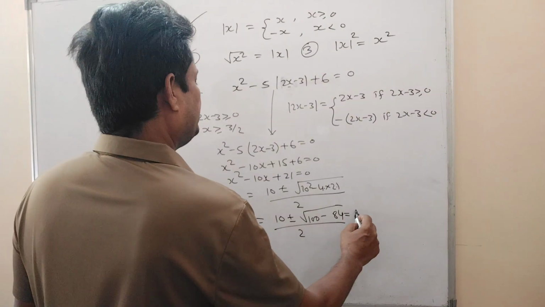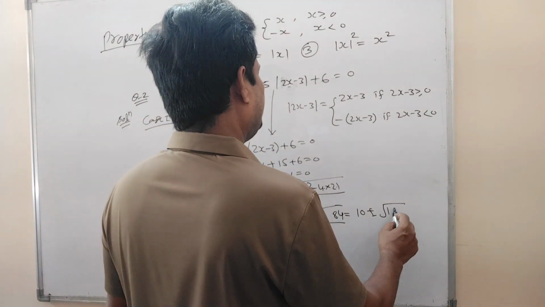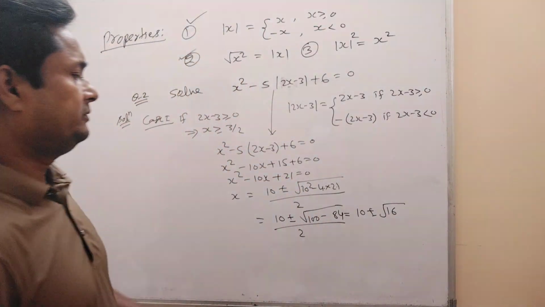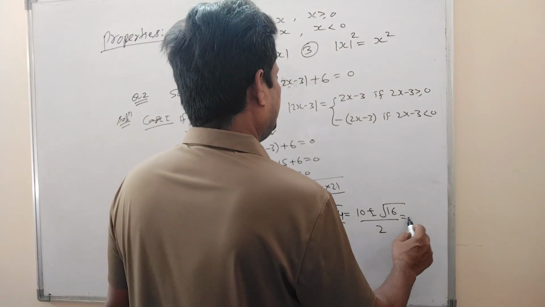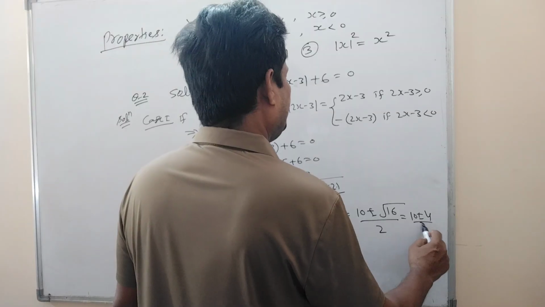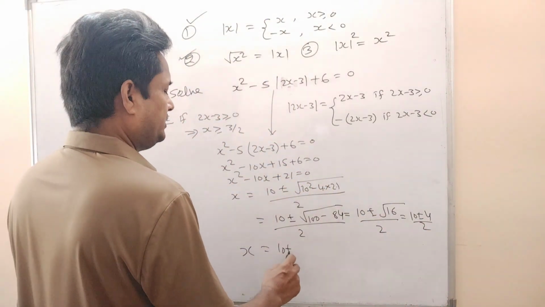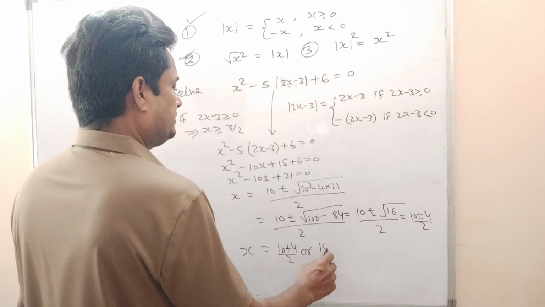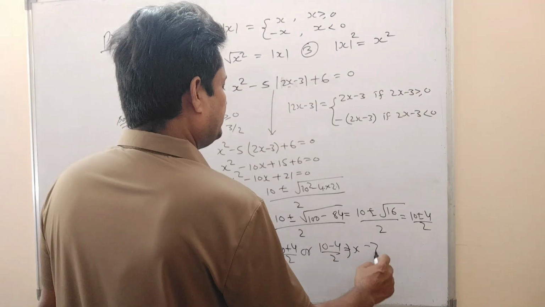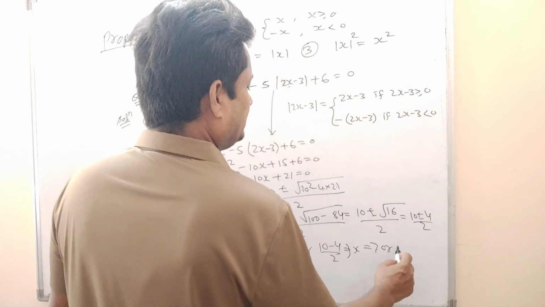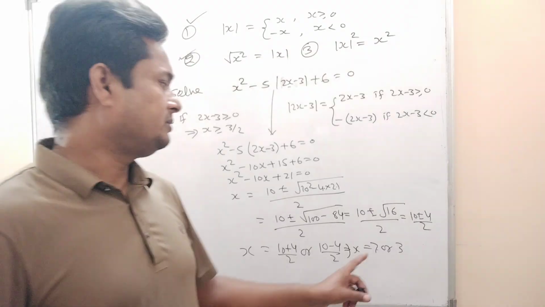That is 10 plus minus root 16 by 2, which is 10 plus minus 4 by 2. That means x is equal to 10 plus 4 by 2 or 10 minus 4 by 2. So x will be equal to 7 or 3. These are the two answers.